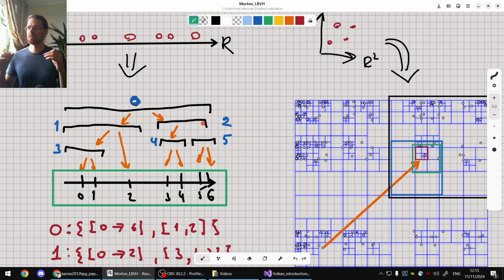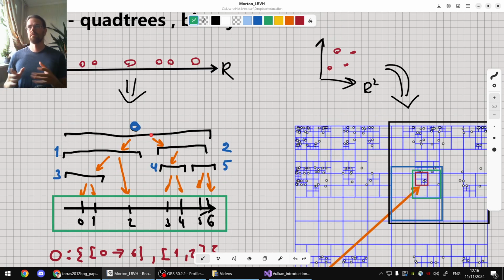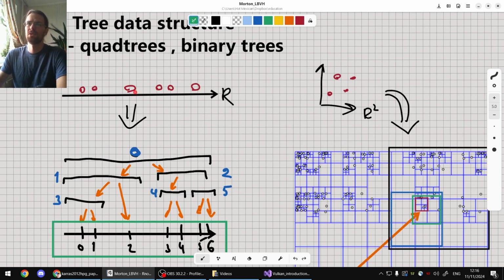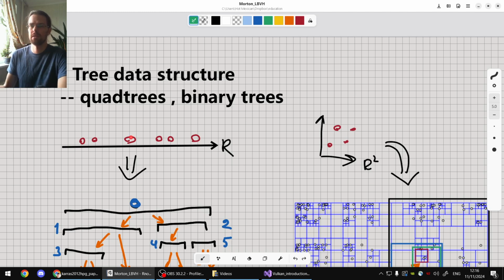And if you want to interact with some particle within a cluster further away, you might not want to interact with it individually, but approximate this cluster as a whole and interact with the cluster itself because it's so far away. So we need some kind of data structure, a way to implement this multi-scale structure.